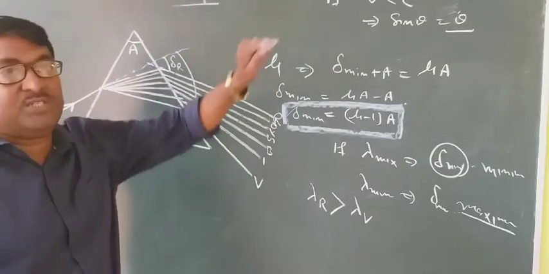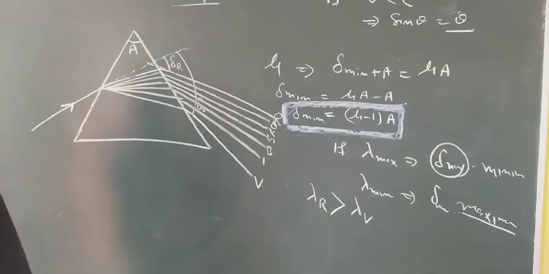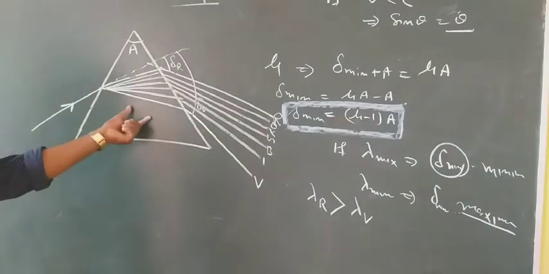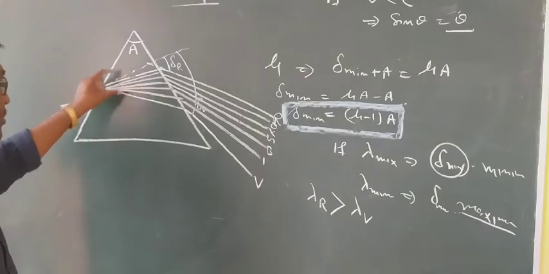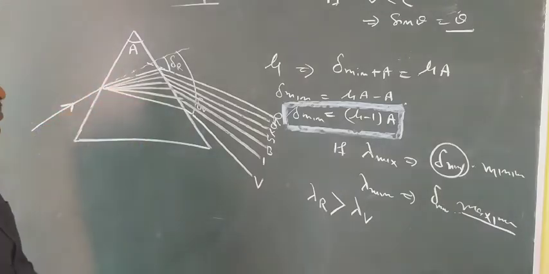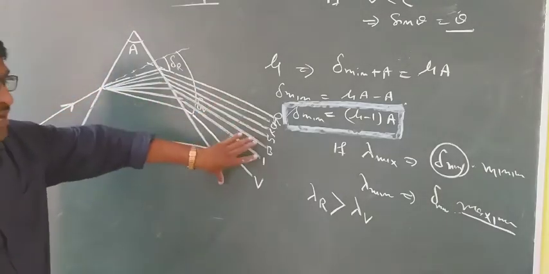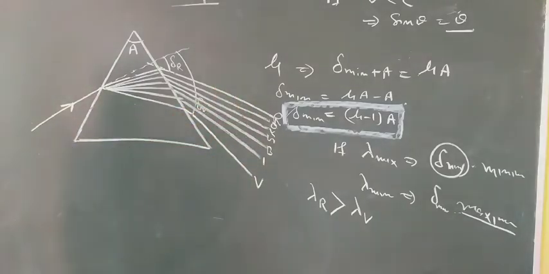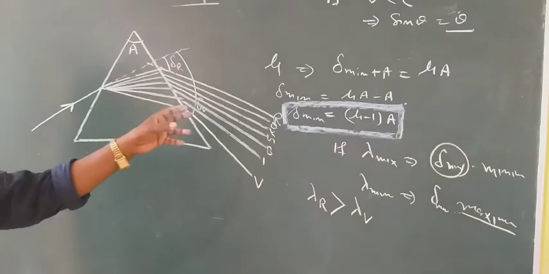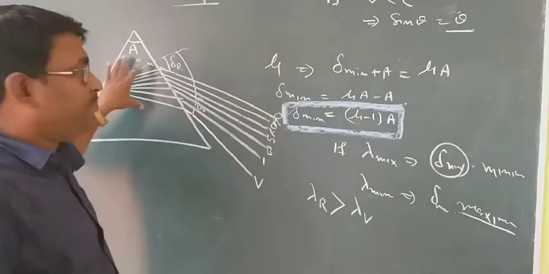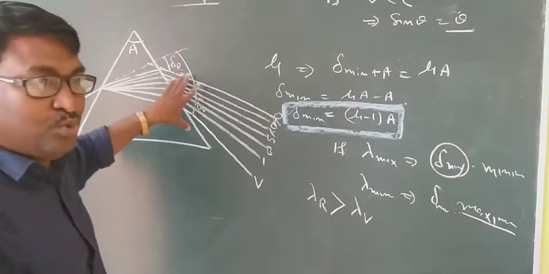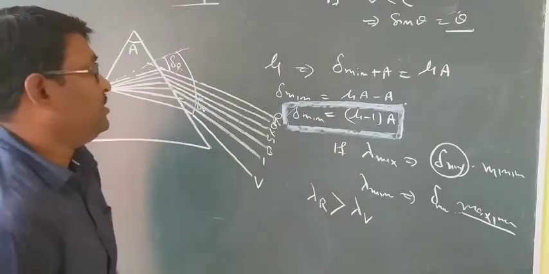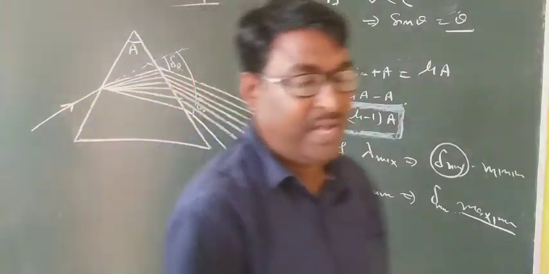The name of the chapter is spectrum. What is spectrum? It is seen that when white light passes through a prism, it is split into a band of colors. This band of colors seen on a screen is said to be a spectrum of light.